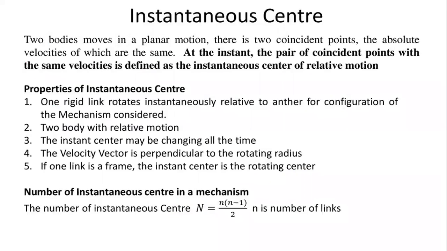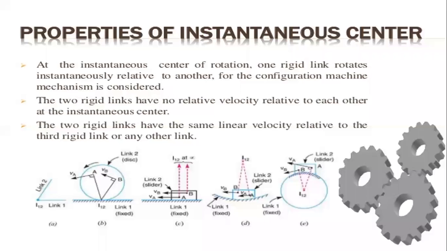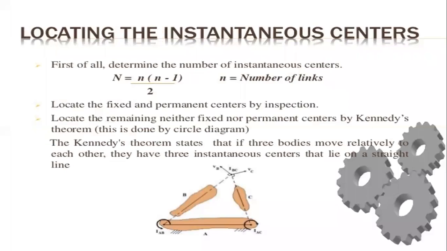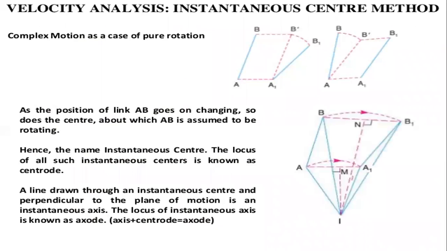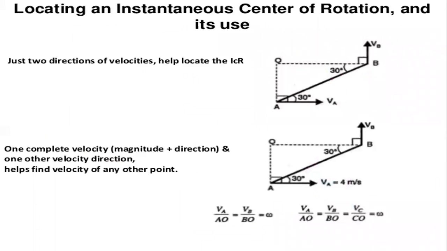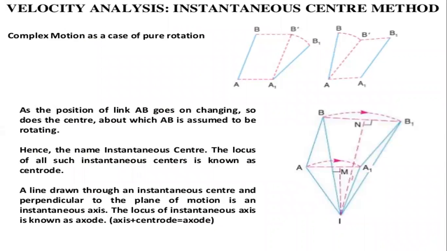We explained the three types, and we discussed the location of these instantaneous centers and the properties of the instantaneous center. And today I'm going to explain the velocity analysis, that is, the instantaneous center method.